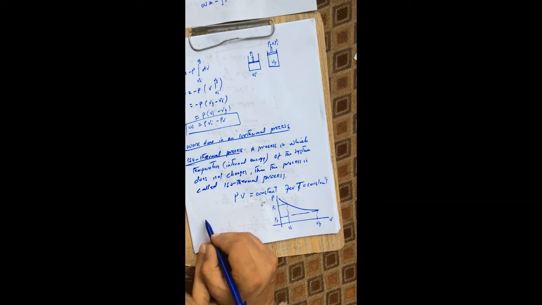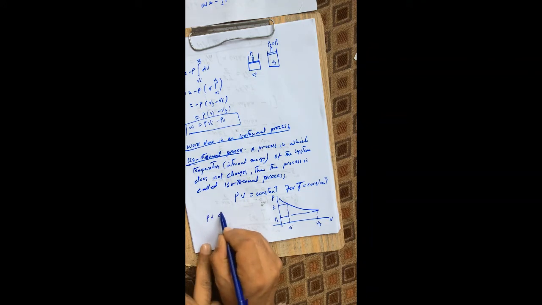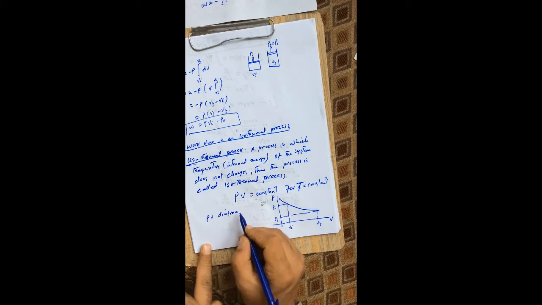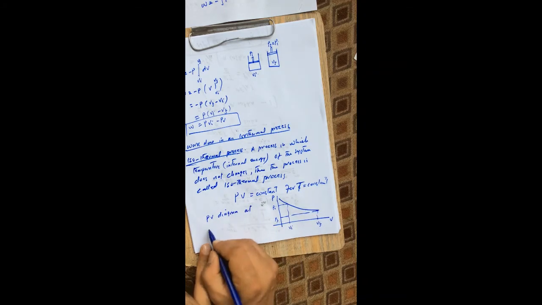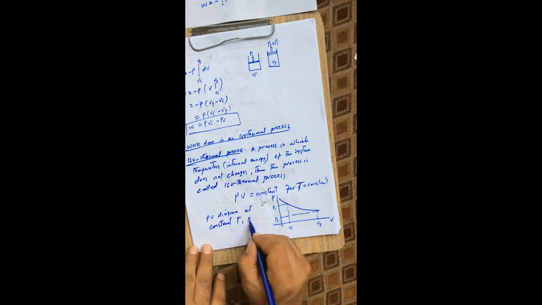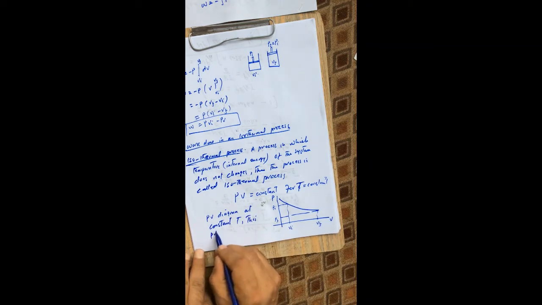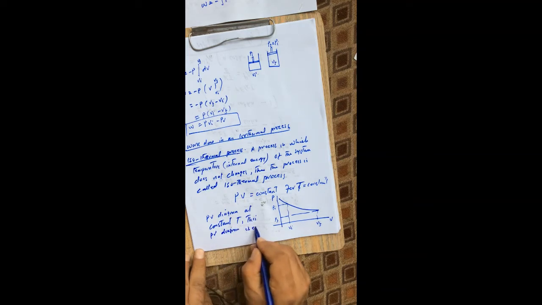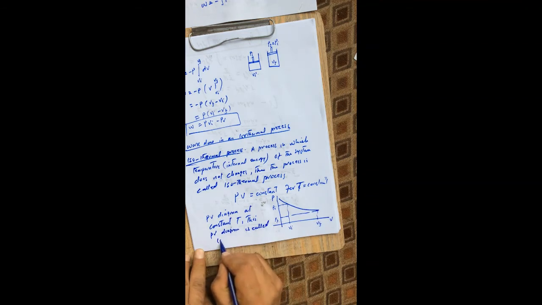This is the PV diagram at constant temperature, and this PV diagram is also called an isotherm.